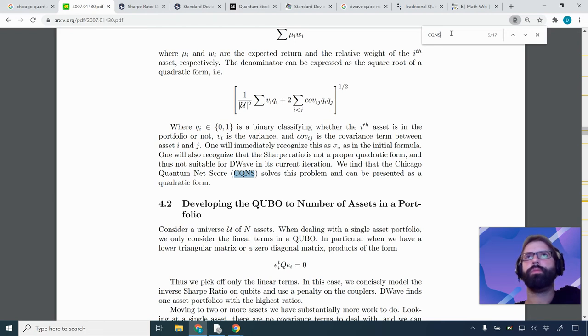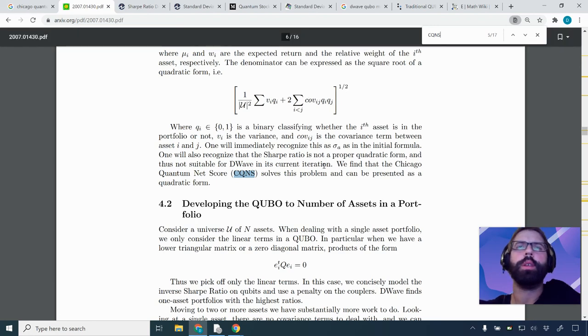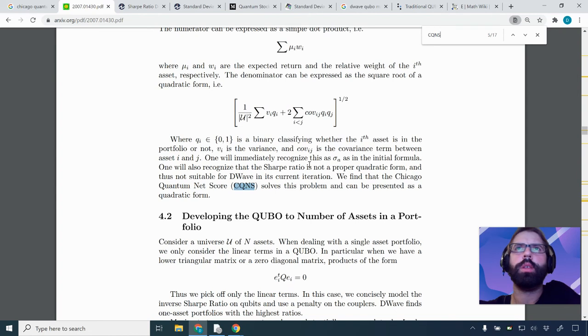So this is the denominator, and then it's basically the variance, and so you're taking the variance, and then you're also taking the covariance of the elements Q_i, Q_j.